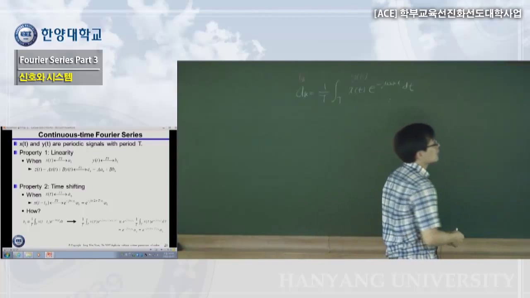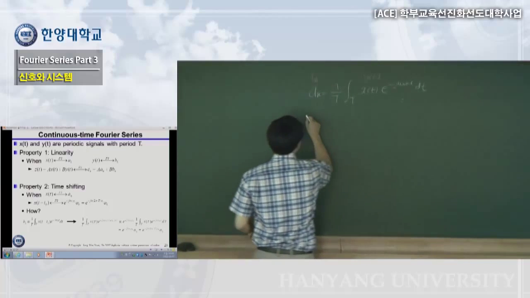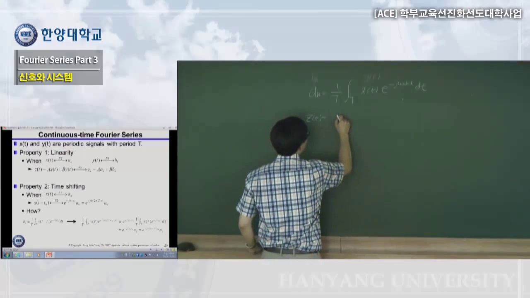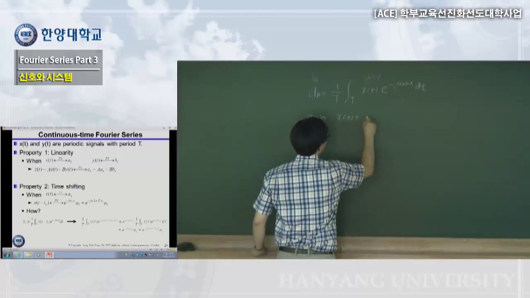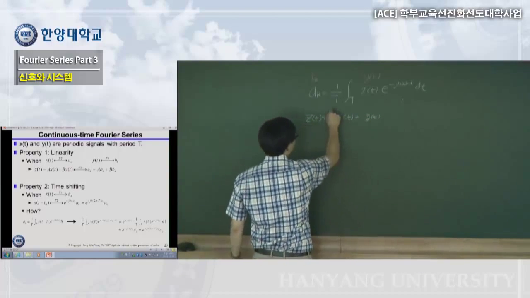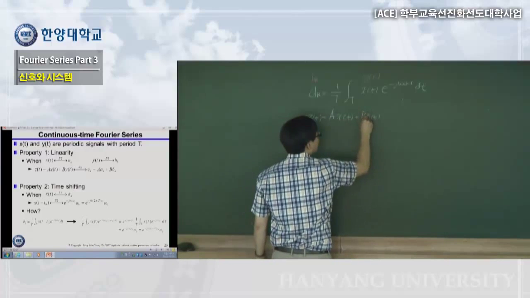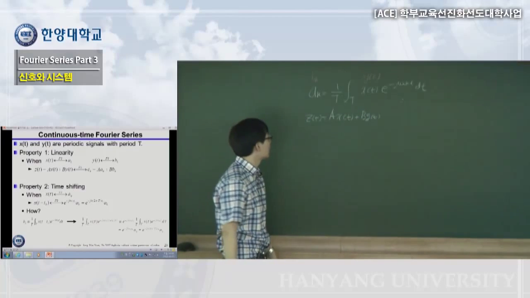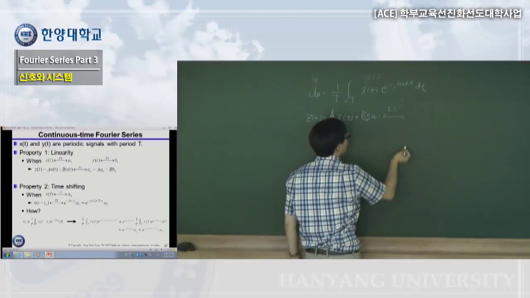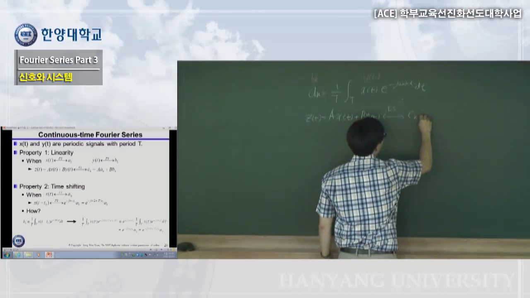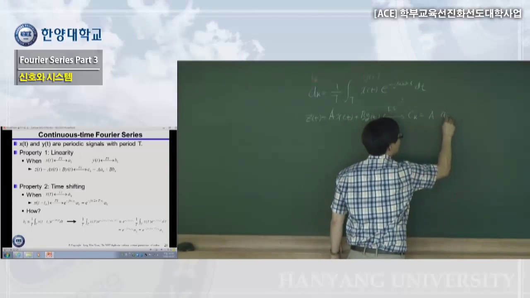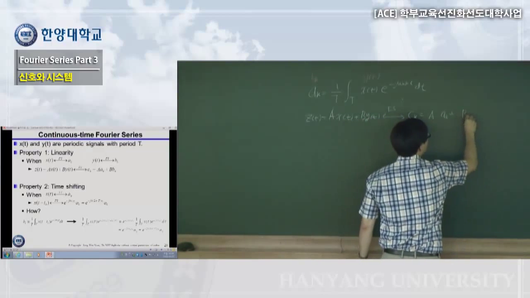If you want to know the Fourier series coefficient of another function, say A x(t) plus B y(t), with A and B being constants, not functions, then this one has Fourier series coefficient, say ck, which is large A times ak plus large B times bk.